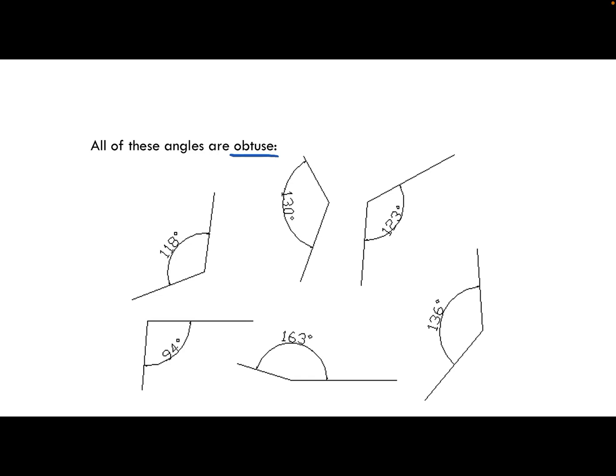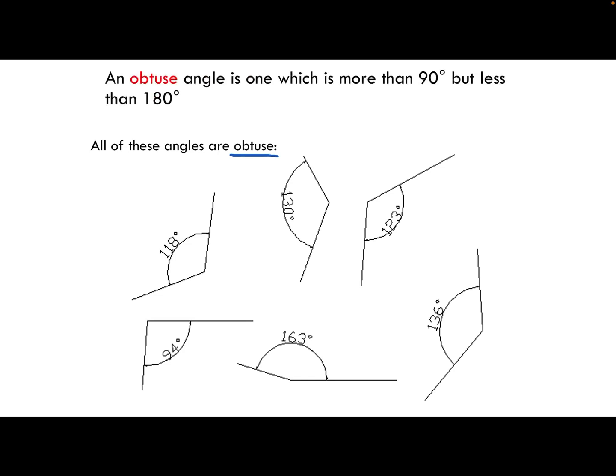An obtuse angle is an angle that is more than 90 degrees, so 91 plus or 90 and a half plus, but less than 180. So it's those numbers in between 90 and 180. They are obtuse angles.